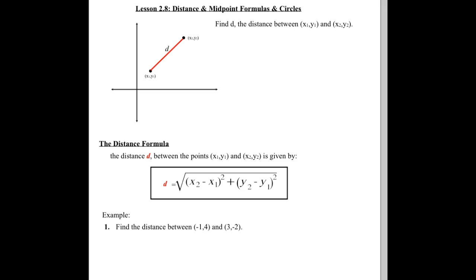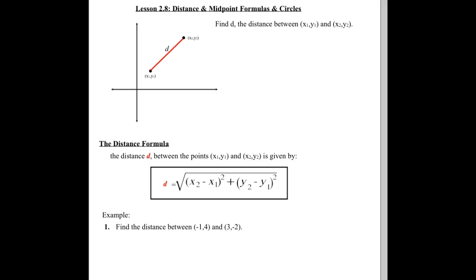All right, so distance. You guys learned distance and midpoint formula probably back in Algebra 1. We're just doing a quick review of it here. We have a line segment with 2 endpoints. One is labeled x1, y1, the other one's labeled x2, y2. It does not matter which is which. Okay? In our distance formula, we have d equals the square root of a whole bunch of stuff.